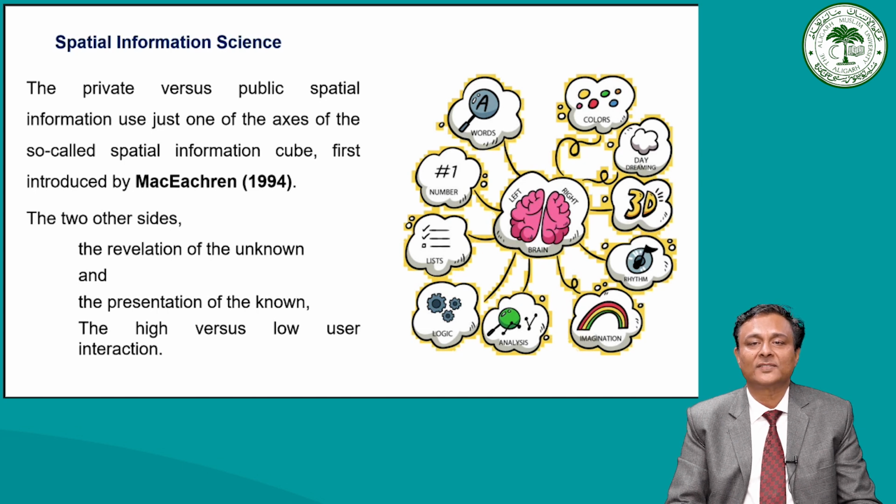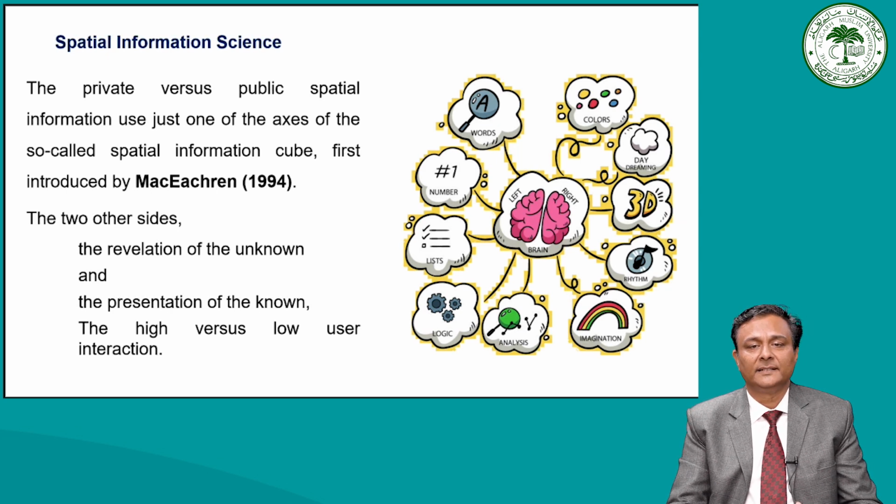Analysis can be found somewhere in the middle along a line between these two. This becomes more evident when it is realized that private versus public spatial information use, that is, spatial information tailored to an individual versus those designed for a wider audience, is just one of the axes of the so-called spatial information cube, which was first introduced by McKeown in 1994.